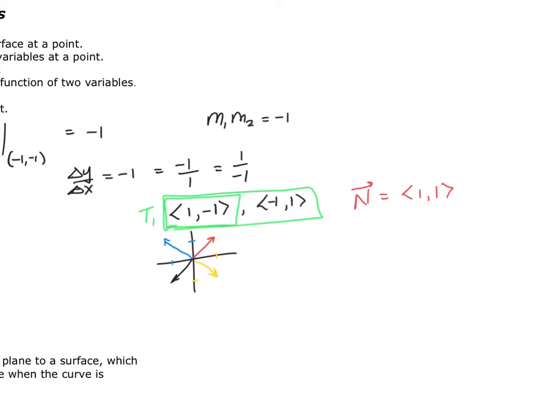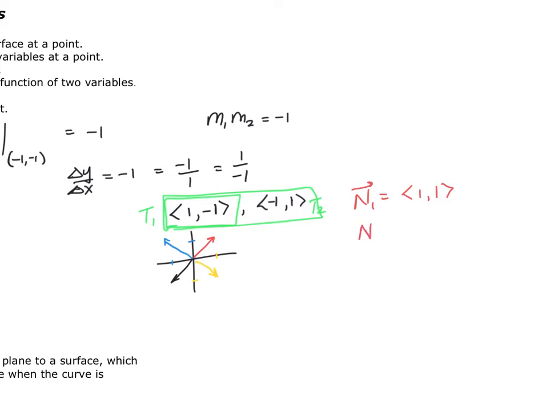Similarly, I could have chosen them both to be negative. So if I choose T1 to be my first vector there, then my first normal would be that. Actually, it doesn't matter if it's T1 or T2, because they have the same direction.